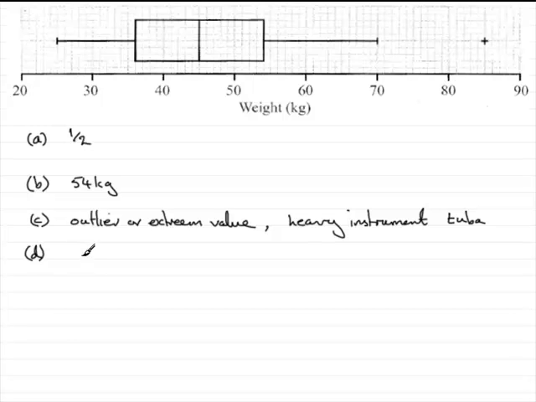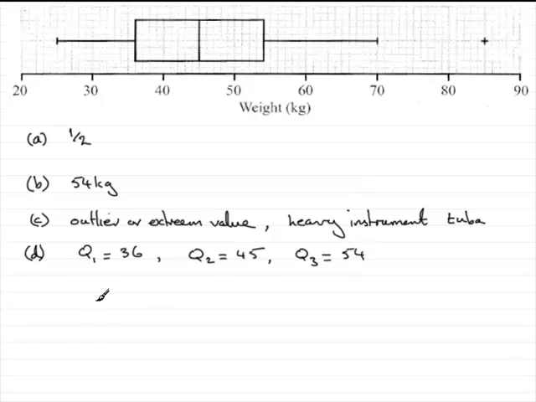Well, first of all we'll put down what the lower quartile is, Q1, this value here, and you'll see that value is 36. Q2, the median, we've already seen is this value at 45. And finally Q3, the upper quartile, this value here is 54.